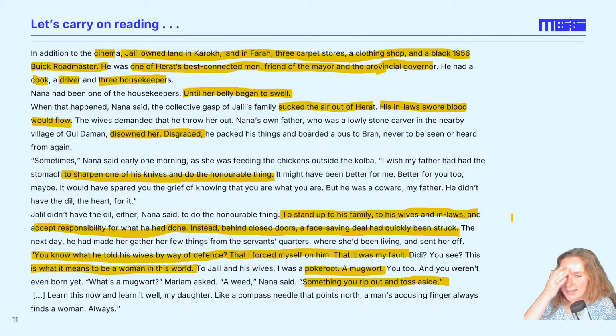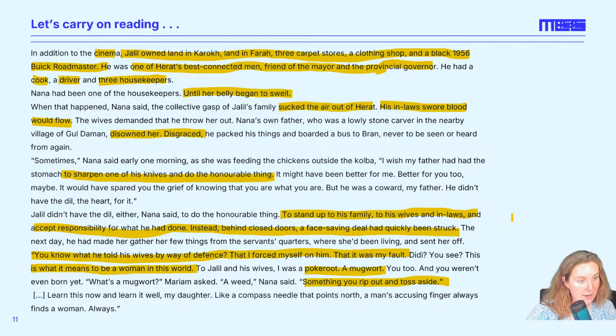So, first thing that stands out to me here, and I'm going to do these in order of the extract just so as not to get you confused. Notice where we start with this. We start with Jalil. We start with a powerful man. Not only does he have a cinema, which is a very modern technology for this time period, this is the 1970s, he also has land in 2 different areas, 3 carpet stores, a clothing shop, a fancy American car, and very high-powered friends.